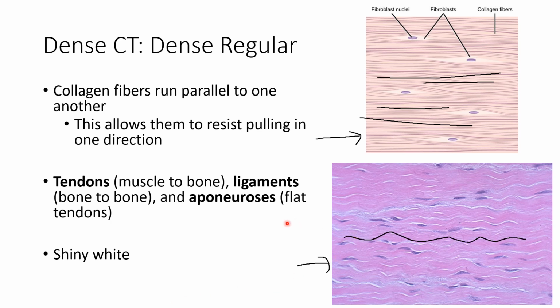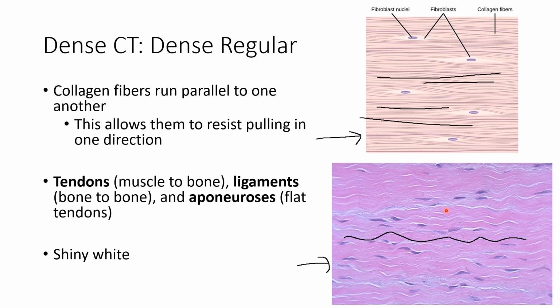This means that if we pull along this axis, so if you took a hand on either side of your computer and tried to pretend to pull on either side that way, this particular tissue would be very strong. If we applied a force this way, perpendicular to the fibers, it would not withstand it.